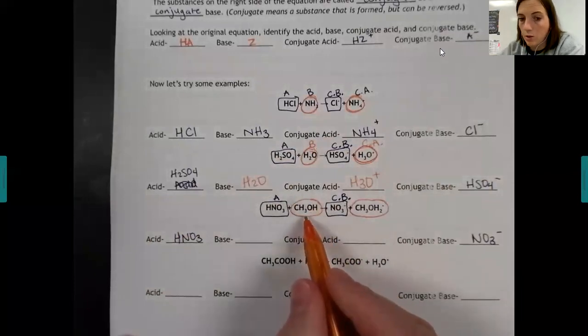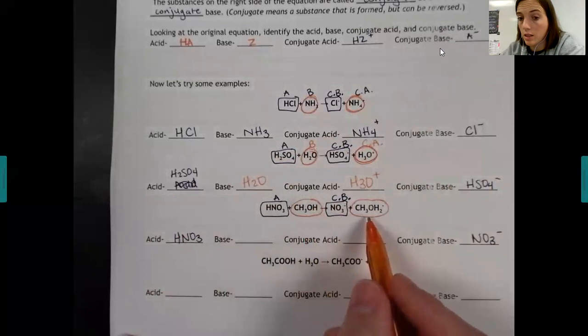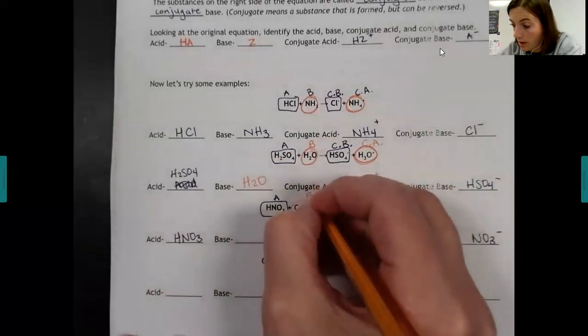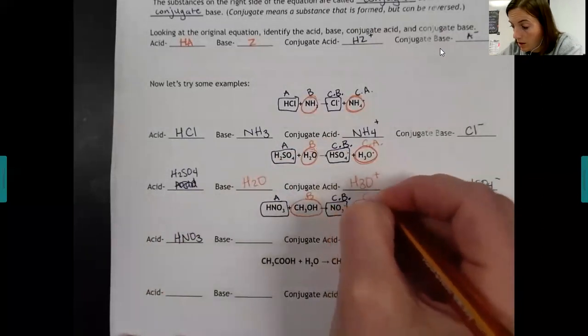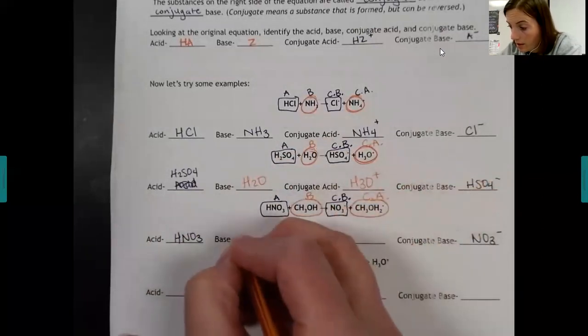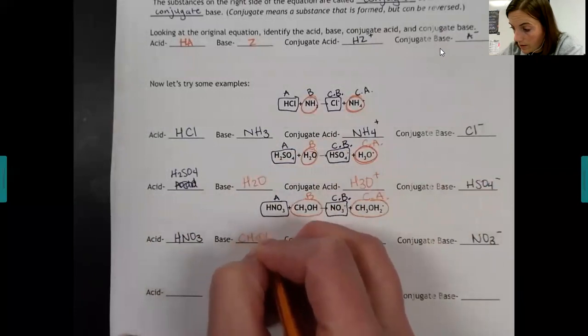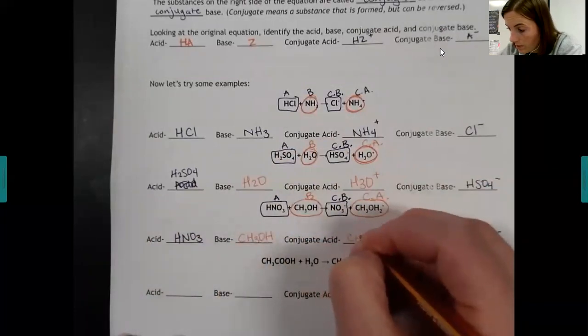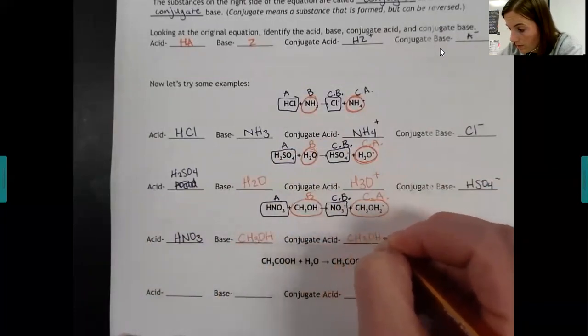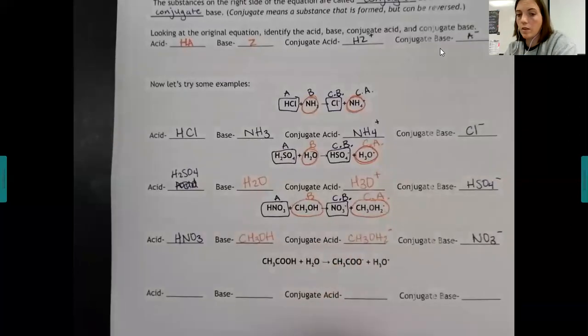And then with CH3OH to CH3OH2, this has increased in hydrogen, so this is the base, and this is the conjugate acid. At this point, try this last one all on your own.